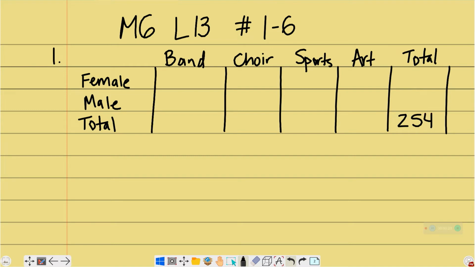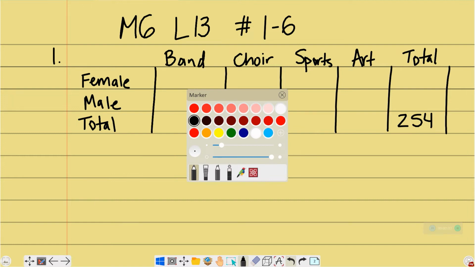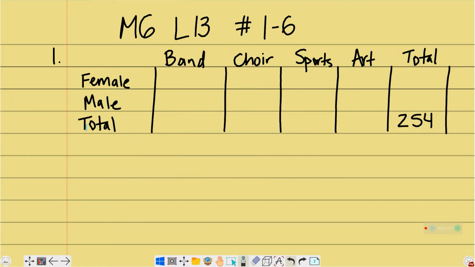Then it says, of the 80 students enrolled in band, so the total students in band, which is going to be this section here, is 80. Of those 80 students, 42 are male.